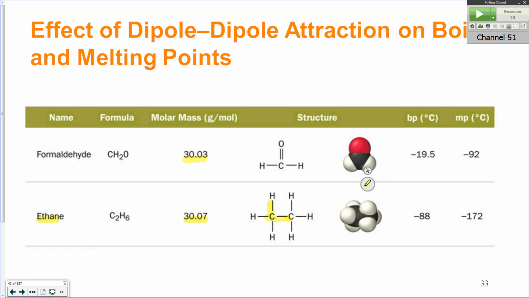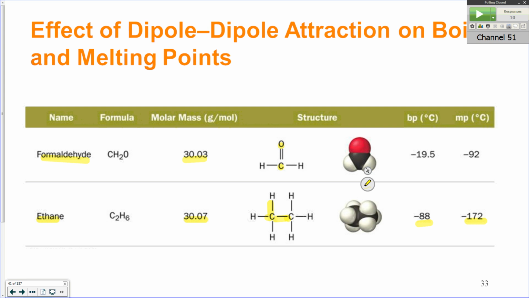And if we look at its boiling point, it's minus 88, and its melting point is minus 172. But formaldehyde is another compound that weighs right at 30. But now you've got carbon attached to oxygen, and that produces a permanent dipole, so you've got charge separation. And the other thing, this is not a symmetric molecule. This is an AB3 geometry, so it's trigonal planar.